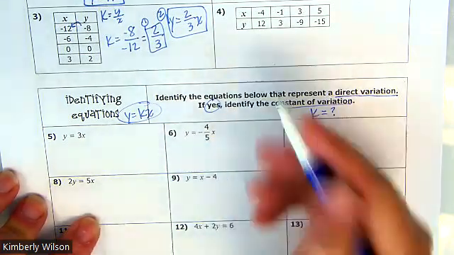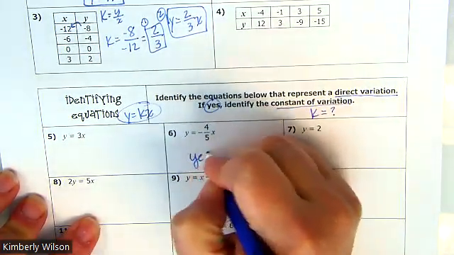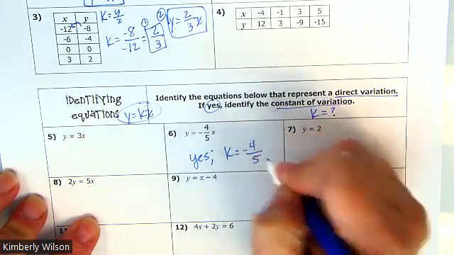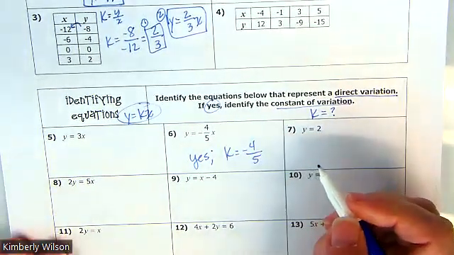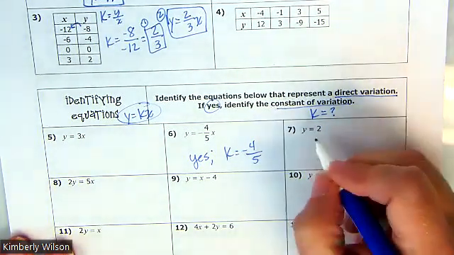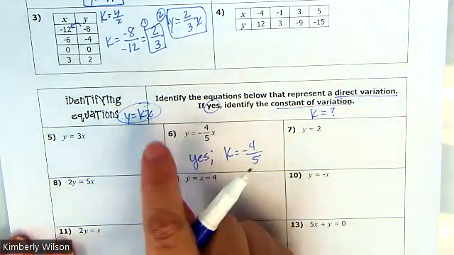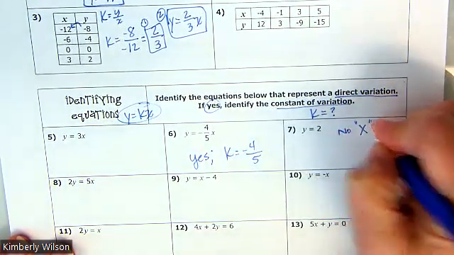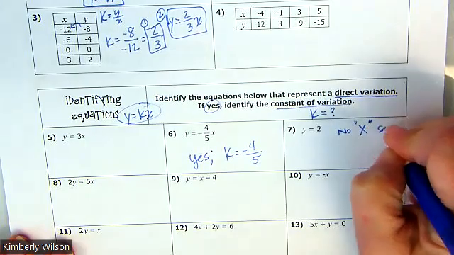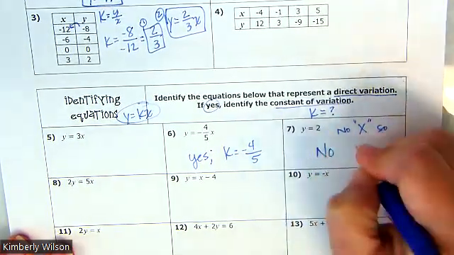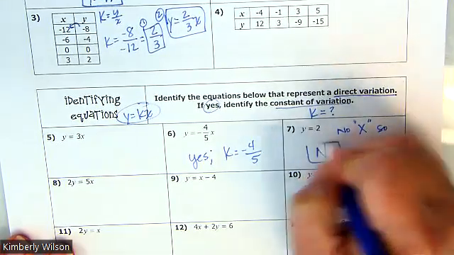This looks like that, so therefore this is a yes, and my k is -4/5. Looking at number 7. Well, this looks similar, but the problem is there is no x. So therefore, this is no direct variation.